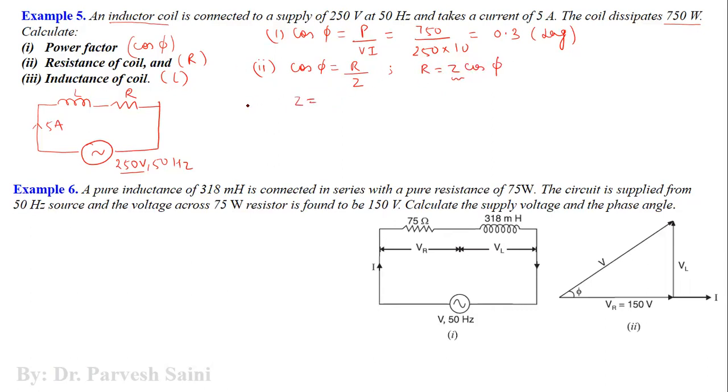By applying Ohm's law here, we know that Z is equal to V by I. So V is 250 volt and I is 5 ampere. Sorry, there's a mistake. This is 5, right? So this would be 0.6.